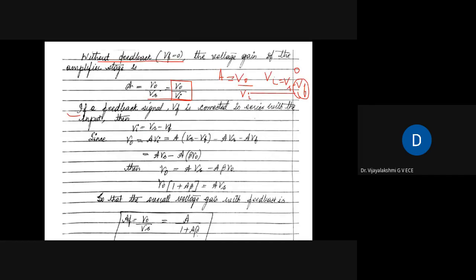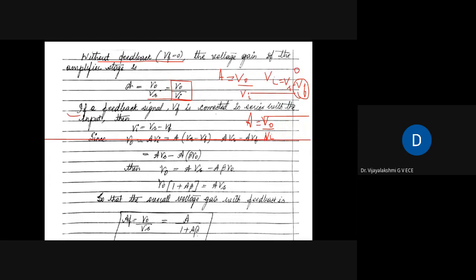So I have A, which is V naught divided by Vi, with feedback.